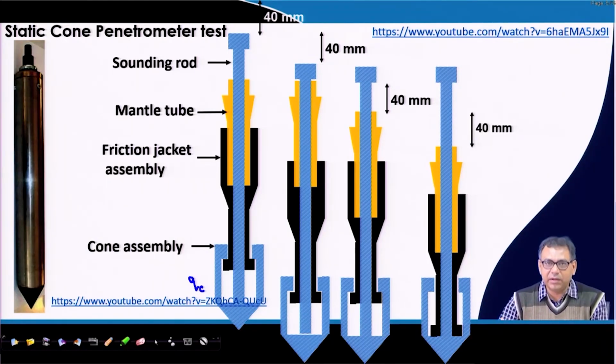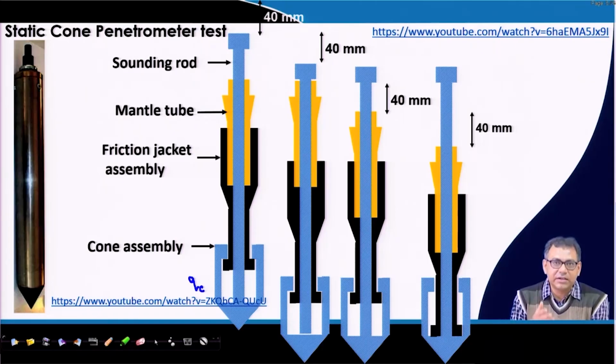soil another 40 millimeter. So, remember that the first two stages are required to measure the resistance, but the second two stages are required to bring back this instrument to its original position. So, one question may come: in the second stage we push the friction jacket, and in the fourth stage we also push the friction jacket. Why?